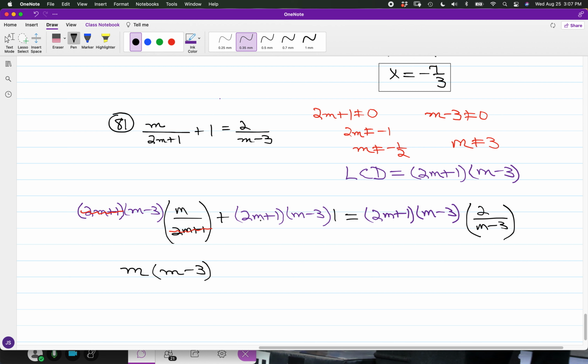And then we have 2m plus 1 times m minus 3, and we're going to FOIL over this. And for what we have to the right, we'll have m minus 3 to cancel. So this leaves us right now with 2 times the quantity 2m plus 1.